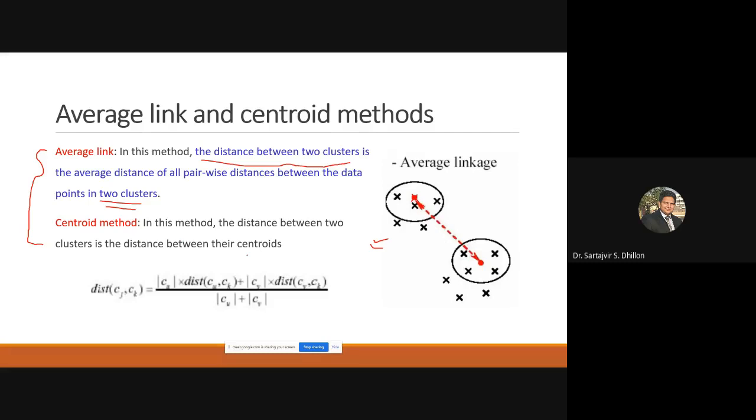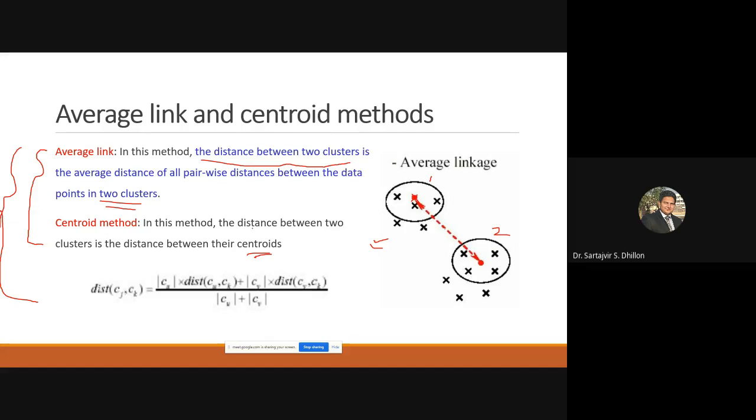So the centroid method is also based on the centroid, and they directly calculate the distance between the centroids of different clusters. This one is one cluster and this one is the second cluster. So in actuality, there is no real difference between the average linkage and centroid methods, but they have been defined with different terms.